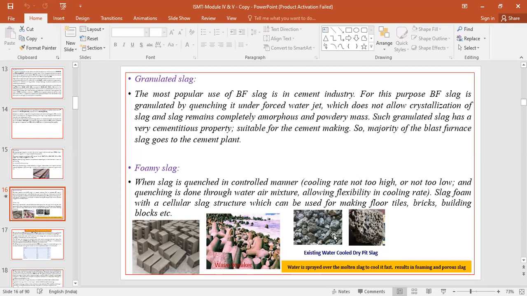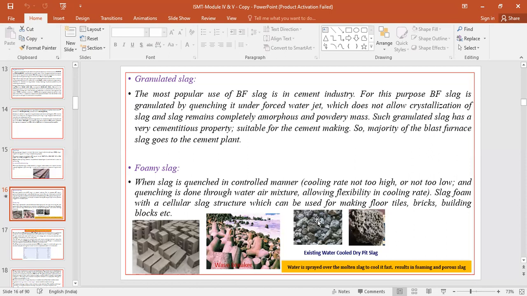And also, water cooled slags have some porous nature, resulting in foaming, and are also used for metals and all.